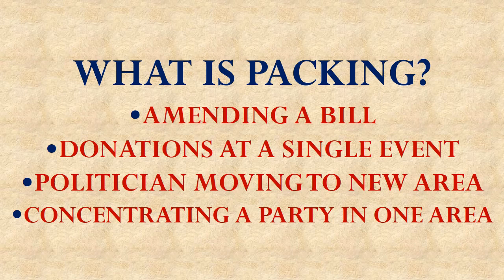What is packing? Is it packing amending a bill? Is packing donations at a single event? Is packing politicians moving to a new area? Or is packing the concentrating of a political party in one area? Packing is the concentrating of a political party in one area so that they win the election in that area, but not elsewhere.